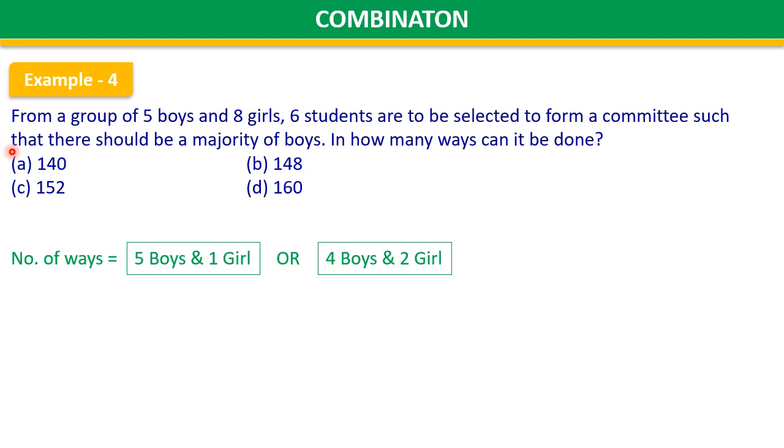Now how can it be mathematically written further? I am selecting all 5 boys out of 5 boys, which can be written as 5C5, and out of 8 girls I can select any one girl, so that can be written as 8C1. Further, out of 5 boys in this combination, I am taking any 4 boys, which can be written as 5C4, and out of 8 girls, I am selecting any 2 girls, which can be written as 8C2. One thing I will tell you: whenever the word and comes, you have to do multiplication, and whenever the word or comes, you have to do addition.